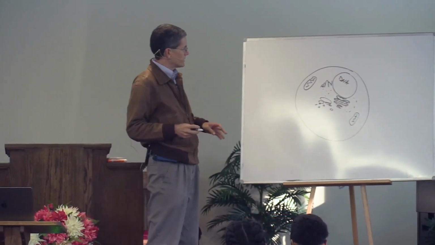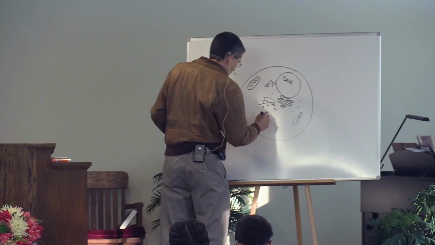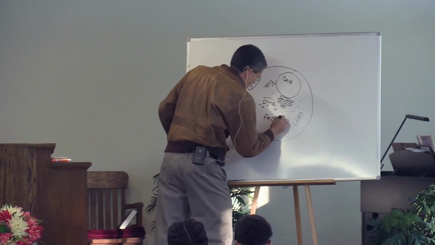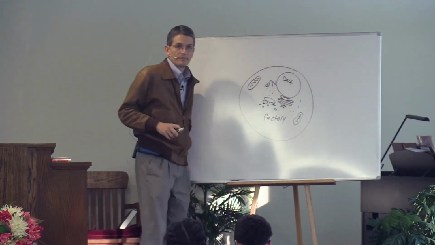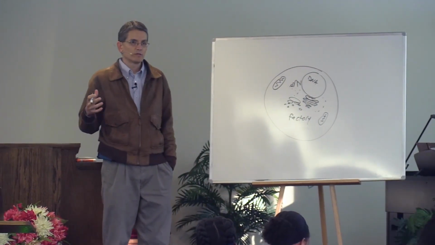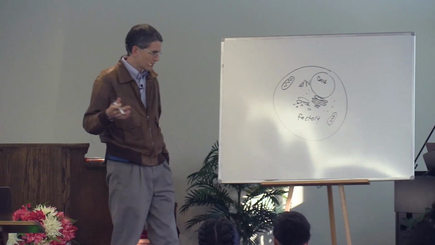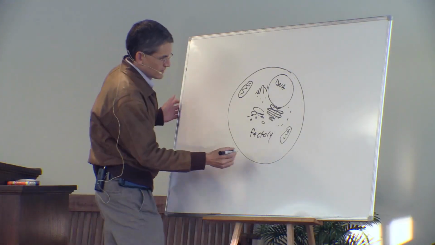And the cell functions like a factory. It functions like a factory, and of course a factory is going to be there to produce a product. Right? A factory is there to produce a product.